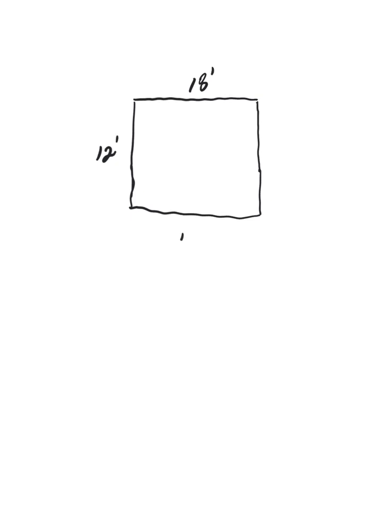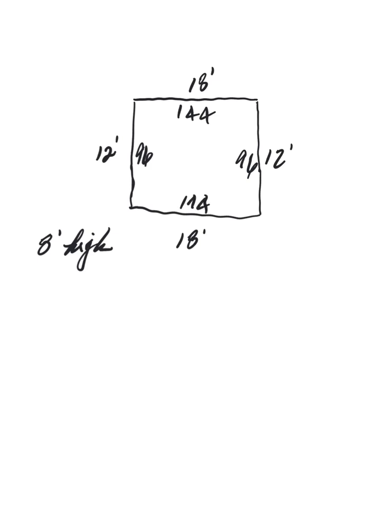And that means this room would be 18 feet and this room would be 12 feet. And let's say that the height of the room is 8 feet. So if we took 12 times 8, that would be the square footage of this wall. And 18 times 8 would give you the square foot of this wall. And then this would be 96 and this would be 144.